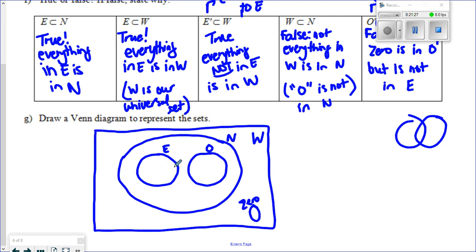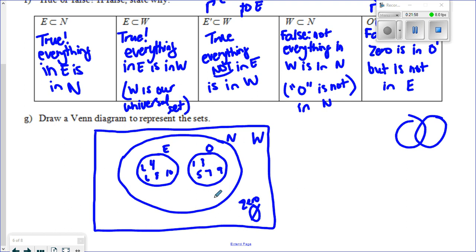There's nothing in E that's also in O. You could write your appropriate numbers: the evens are 2, 4, 6, 8, 10, and this is 1, 3, 5, 7, and 9. So we've covered all the numbers within our universal set, or our whole numbers: 0, 1, 2, 3, 4, 5, 6, 7, 8, 9, 10.